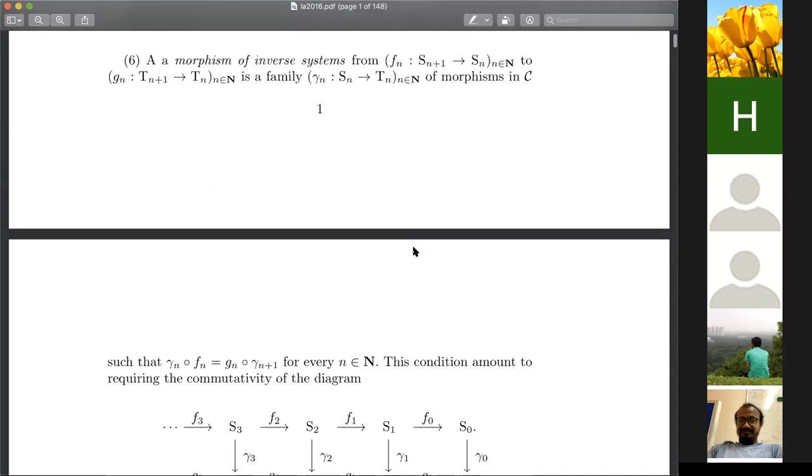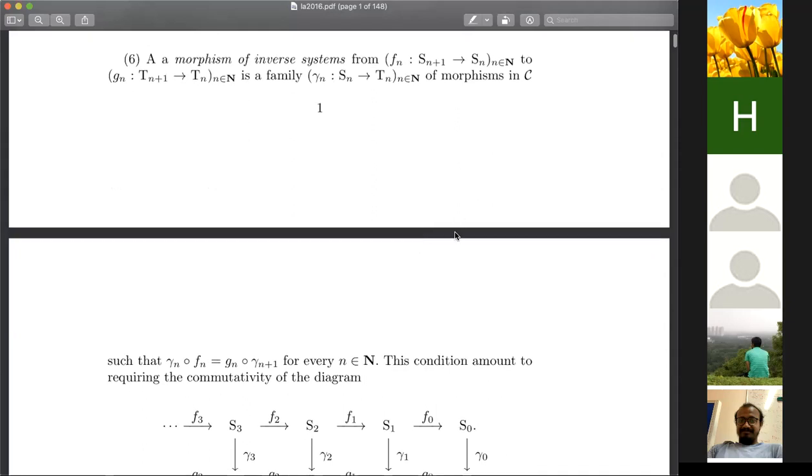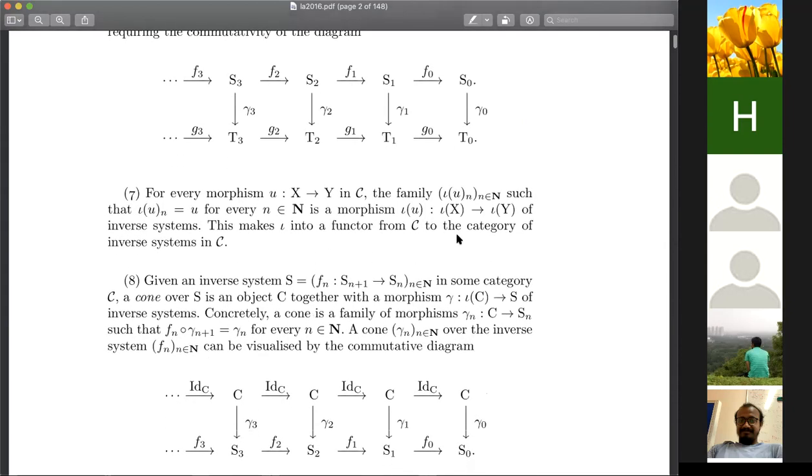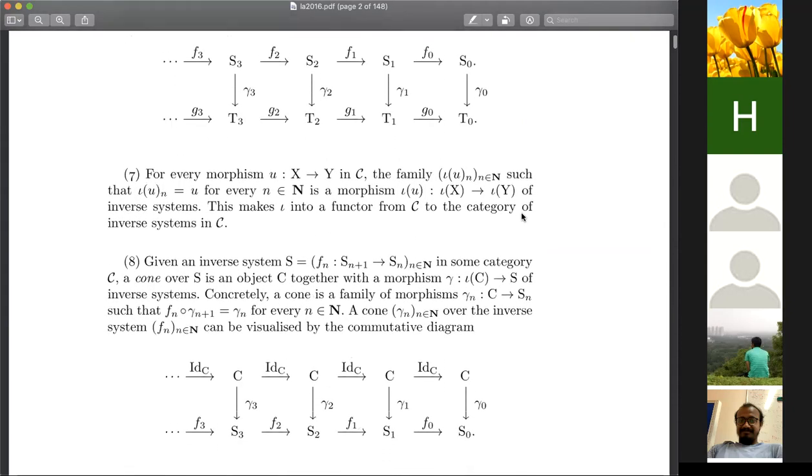So now let's come to a morphism of inverse systems. So it's better to explain it in this diagram. Look at the diagram at the top of the page. So you have one inverse system, S0, S1, S2, S3, and so on. You have another inverse system, T0, T1, T2, T3, and so on.